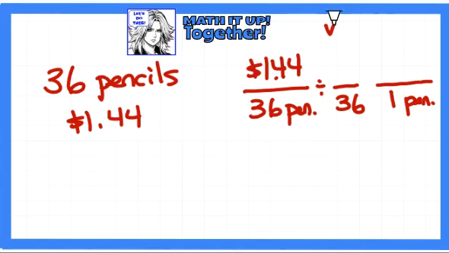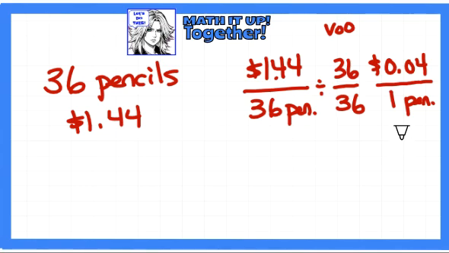And again, if this is truly a version of 1, I have to have the same numerator and denominator. So I would also divide $1.44 by 36. So 36 pencils divided by 36 leaves me 1 pencil, and $1.44 divided by 36 ends up being 4 cents. So that tells me that I am paying $1.44 for 36 pencils, but each one costs 4 cents.